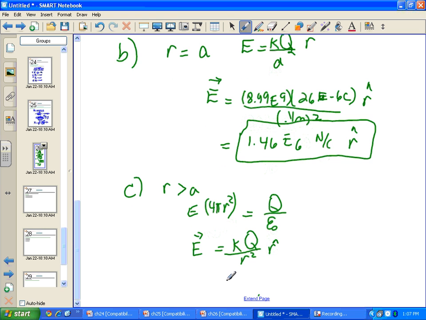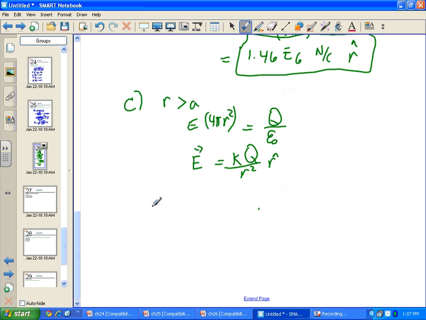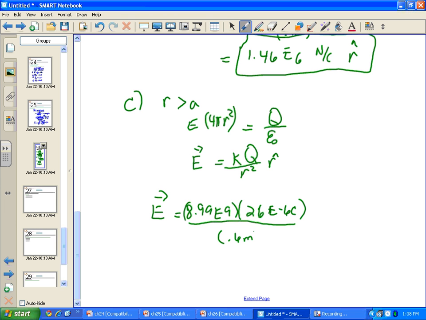So now we just need to substitute our numbers. E equals 8.99 e to the 9 times 26 microcoulombs, e to the minus 6 coulombs, divided by the radius of the Gaussian surface, which is 0.6 meters squared.